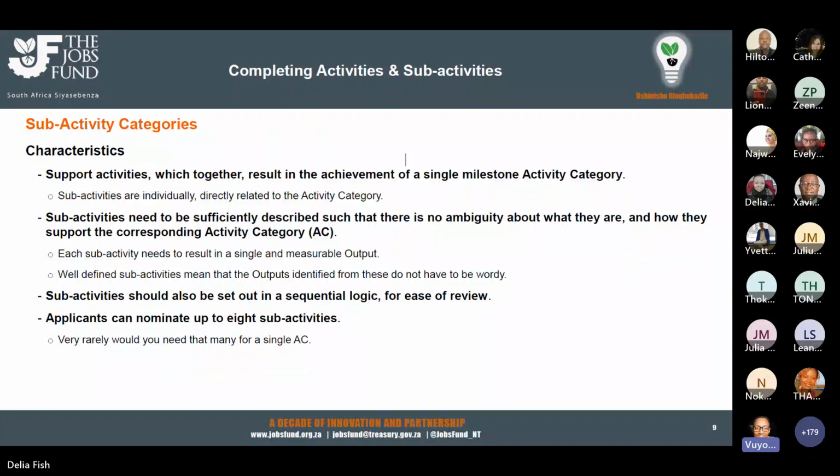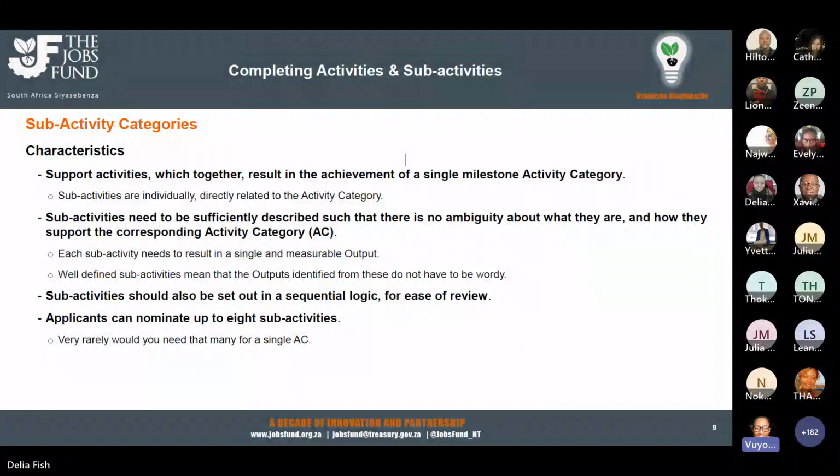If the activity category is the recruitment of SMMEs, the development of a strategy, as well as the methodology by which you want to identify a cohort of SMMEs, together work towards the achievement of that activity category, which is the recruitment of SMMEs, right?